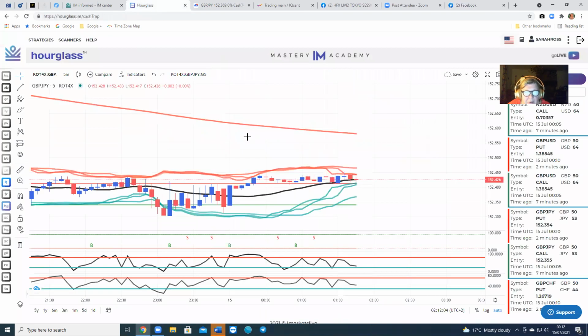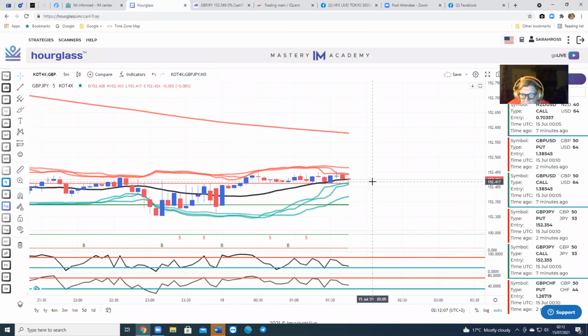So let's have a look at HourGlass. We can see on GJ that GBP has just weakened a bit to 50, the base currency against the Japanese yen at 53. Sorry, I'm just going to check if I'm recording. Yeah, I am.